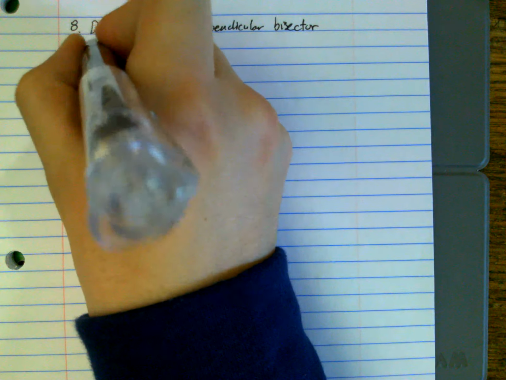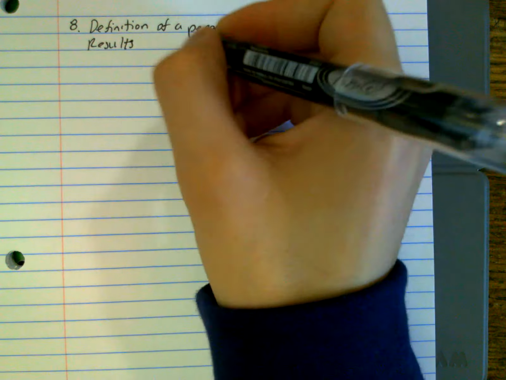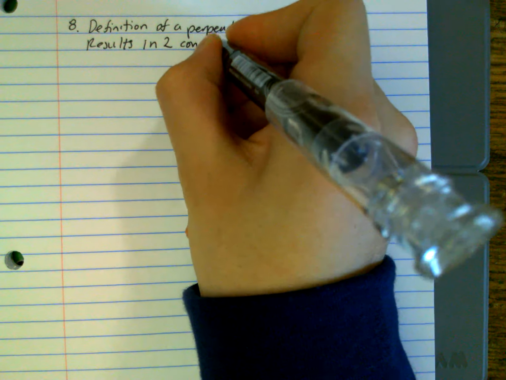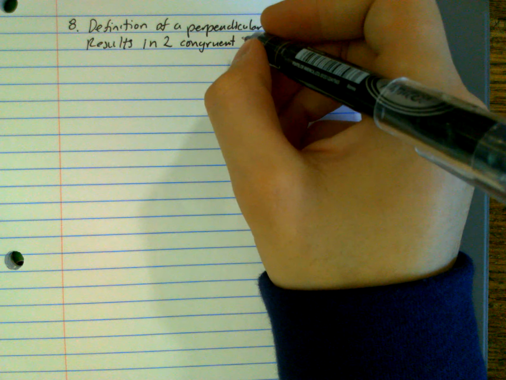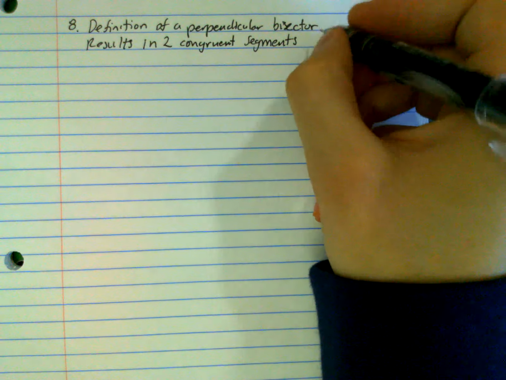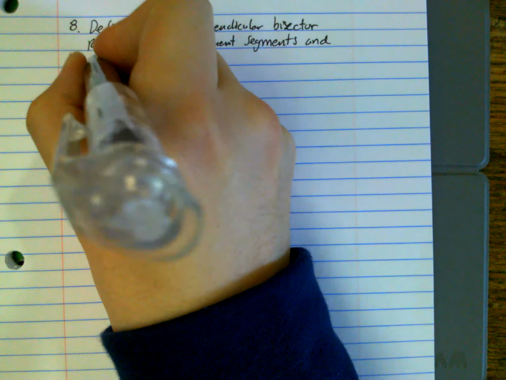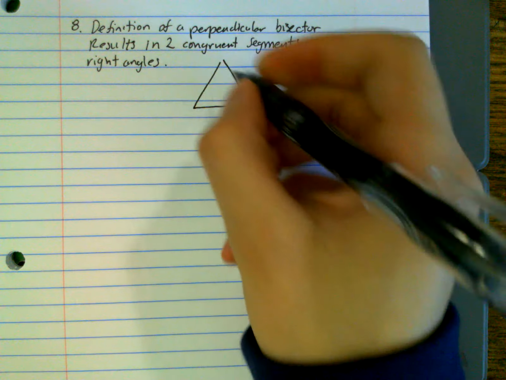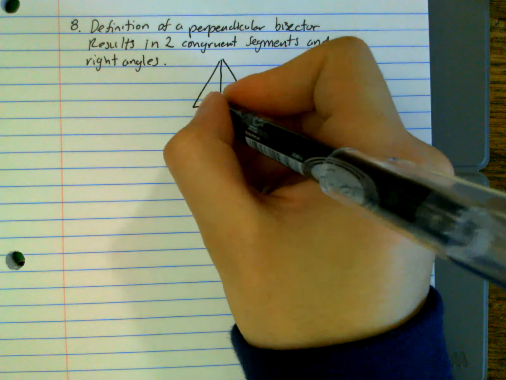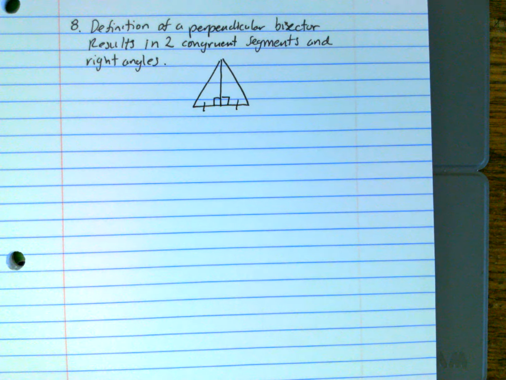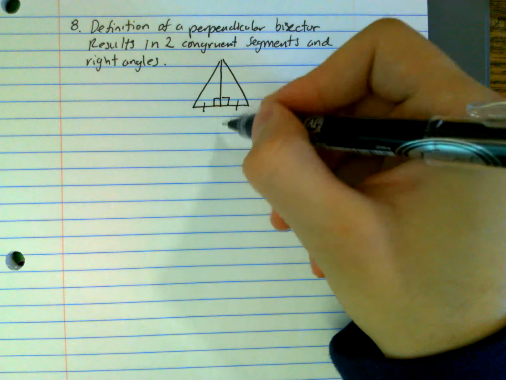Results in two congruent segments and right angles. This triangle will be side angle side because it shares a side, which means it has to be congruent to itself.